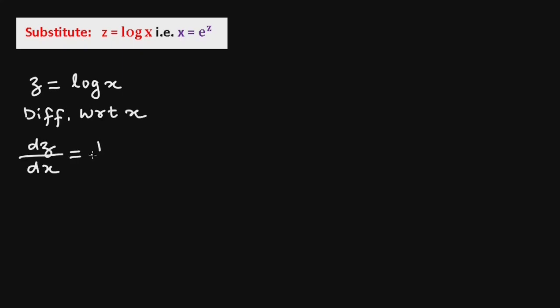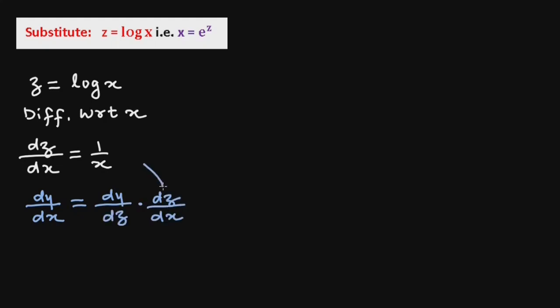Now we will see how this special substitution z equals log x can be used for this required transformation. So differentiating this with respect to x, we get dz by dx equals 1 upon x, but we want dy by dx, which by chain rule will be dy by dz into dz by dx.